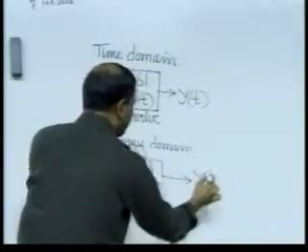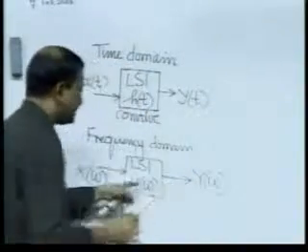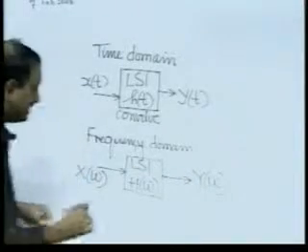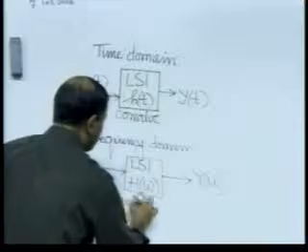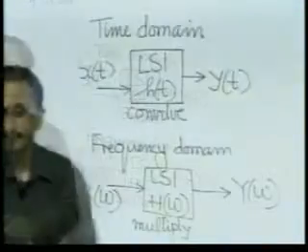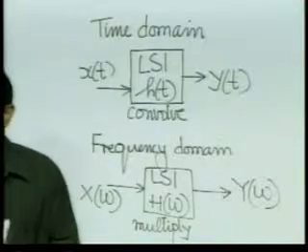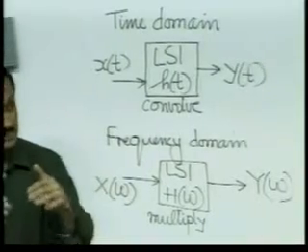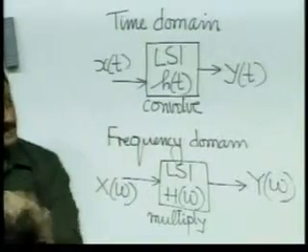With the Fourier transform of the impulse response given by H(omega) to produce Y(omega). And here the operation is multiply. So from convolve, the system that convolves here multiplies in that domain.